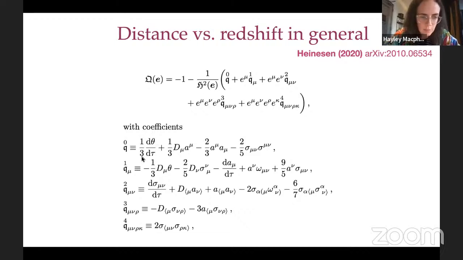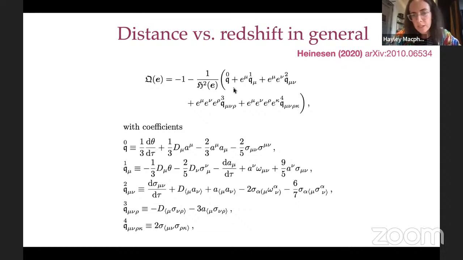And so this is the term that probes the acceleration of length scales in the local vicinity of the observer. And this is the only term that survives in the FLRW limit. And so we can see we've got all of these other contributions from inhomogeneity and anisotropy, and it's not super simple whether we can totally neglect all of them.